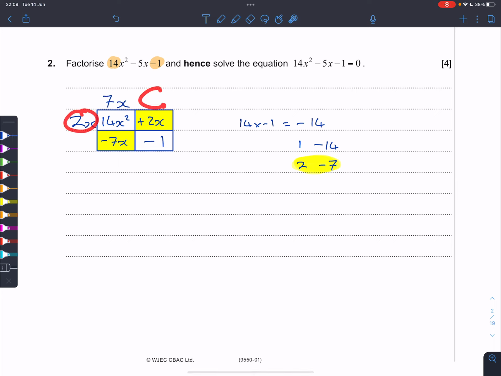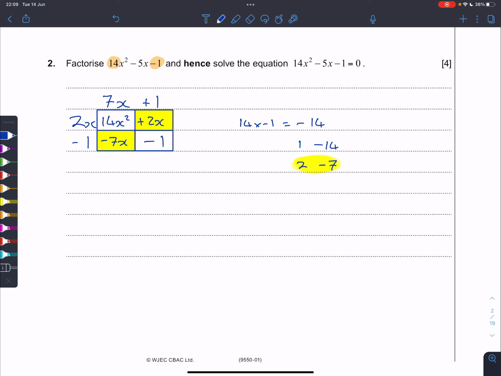And then 2x times this value will give me positive 2x, which is going to be plus 1. And then down here, I notice that 7x multiplied by this value is negative 7x. So that is going to be negative 1. And just to check, negative 1 multiplied by positive 1 should give me negative 1. It does, so I can be pretty confident that I factorised correctly.